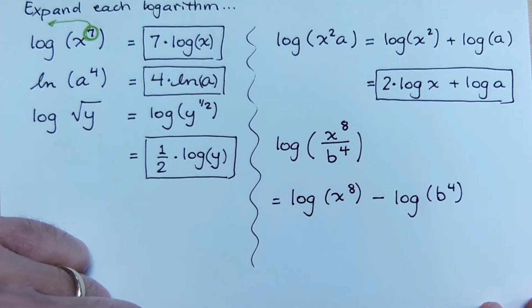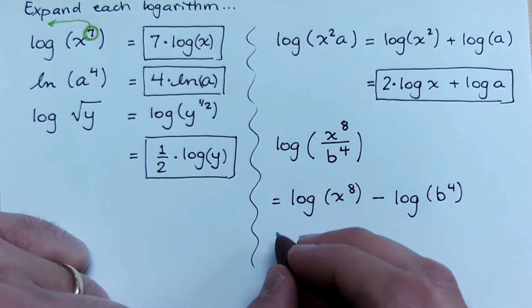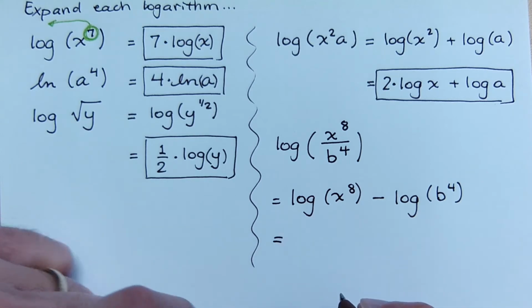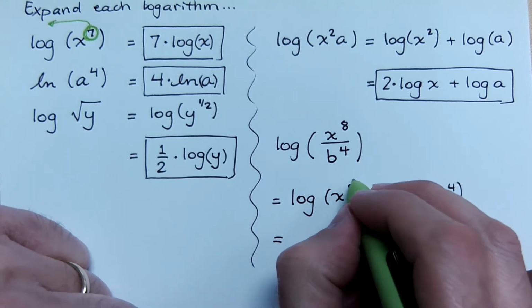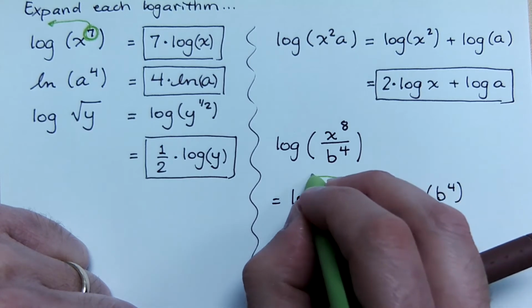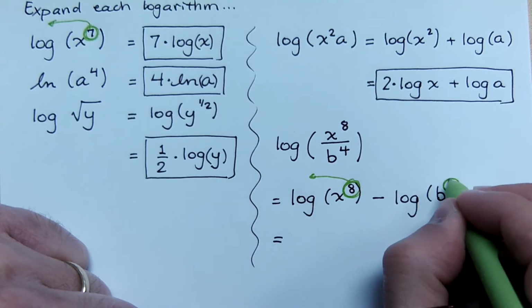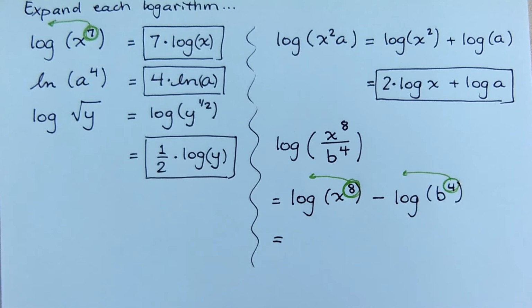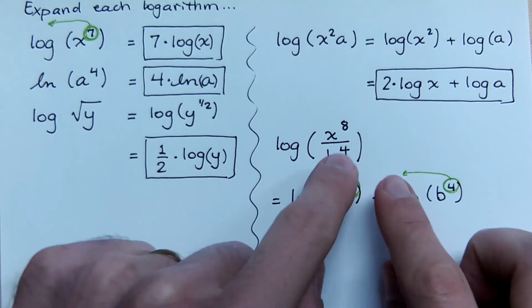And then how are you going to finish expanding that? Bring the exponents out in front each time. So we're going to take this 8, bring it out front, and take the 4 and do the same thing. Here's the thing. You can't do this until you've separated into the two smaller ones.